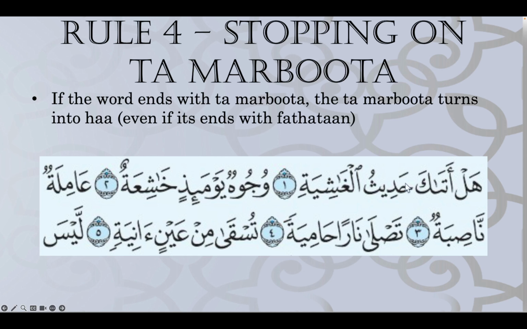Okay, so for each of these, regardless of what the diacritic on the ta marbuta is, if you're stopping at the ta marbuta, you are going to turn it into a ha. So this is ghashiyah, this is khashi'ah, this is nasibah, this is hamiyah, this is aniyah.